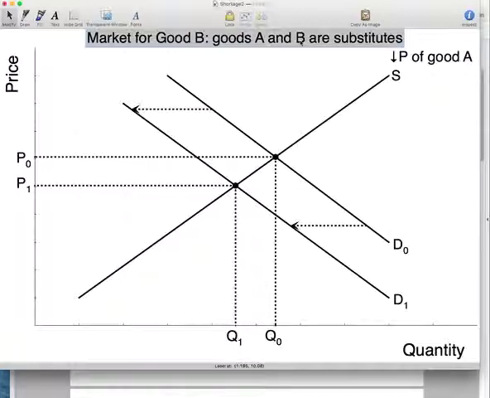So now B is more expensive relative to A, therefore people will shift from buying B to buying A, so the demand for good B will shift to the left, and we will see a decrease in the equilibrium price and a decrease in the equilibrium quantity in the marketplace.